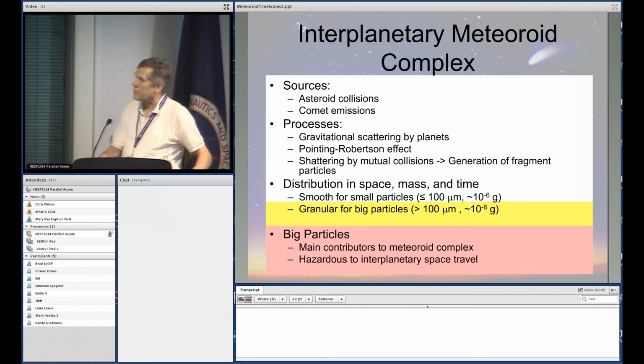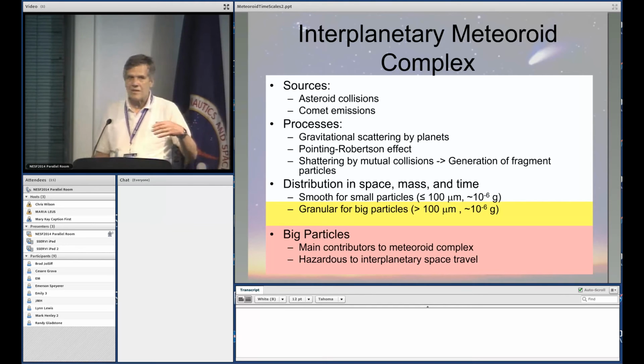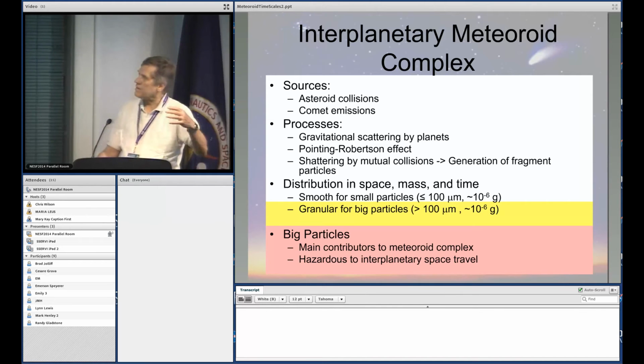And that is important because that tells us how the mass from these objects, which are point sources, then spreads through the solar system and is changing with time. And the big particles, of course, are the main source for the meteoroid complex.